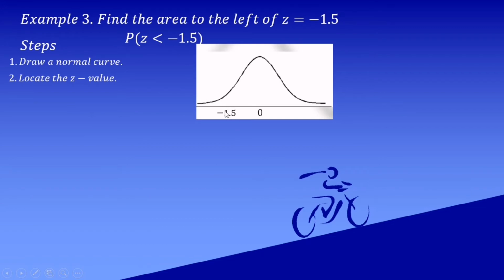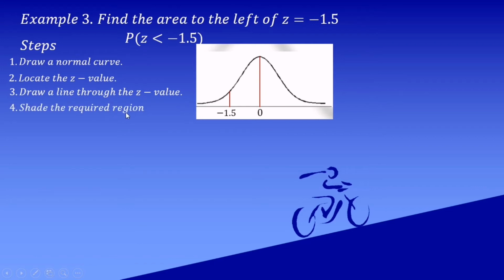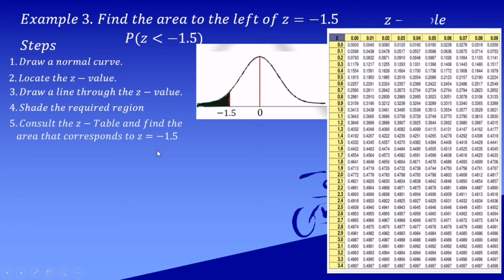Okay, nasa left side since this is negative, draw a line to the z value. Then shade the required region. Since we are using the left of z, yung pababa nating shaded area, then consult the z table and find the area that corresponds to z equal to negative 1.5.